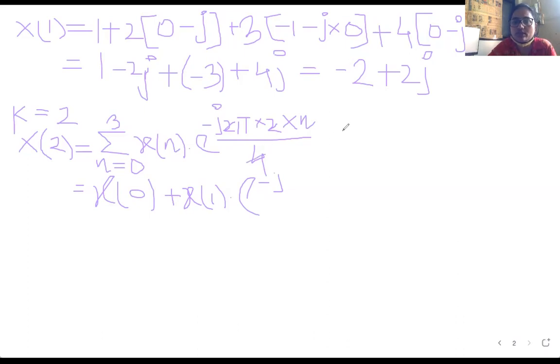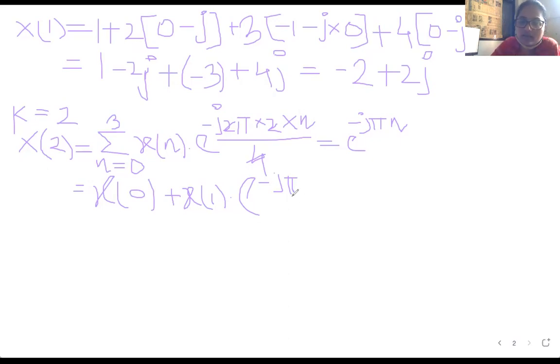The simplified form is e raised to minus j pi into n, because the numerator 4 and denominator 4 cancel each other. With n as 1, it is only e raised to minus j pi.